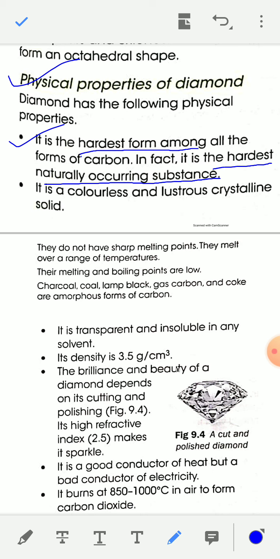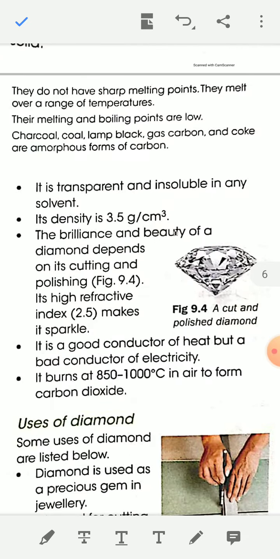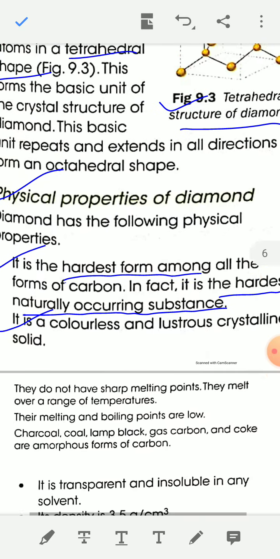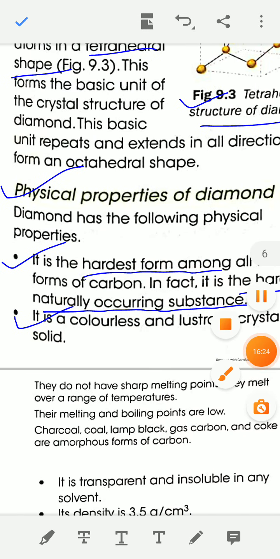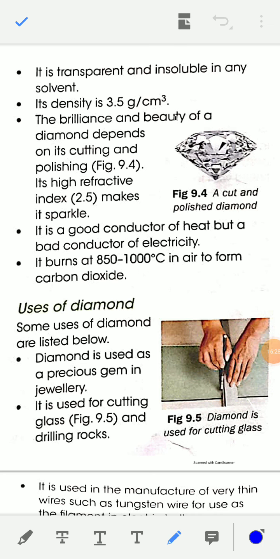Okay, and it is a colorless, lustrous crystalline solid, and it is transparent. Diamond is transparent and insoluble in any solvent.